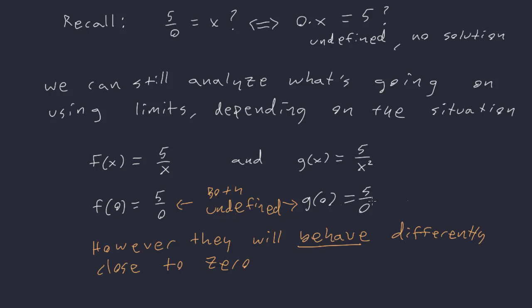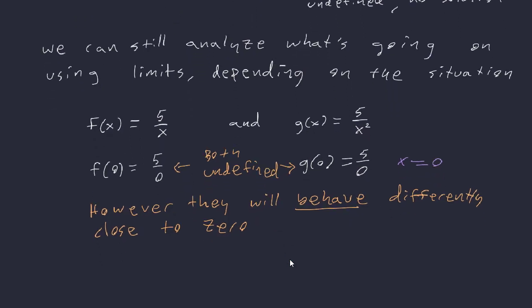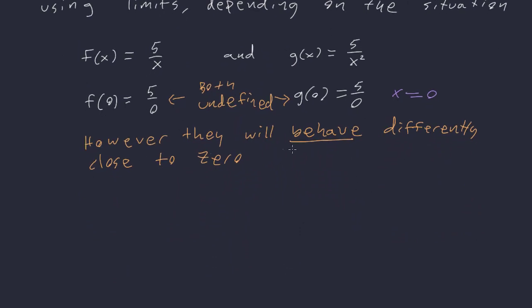Right? So when we have x equals 0, they're both undefined. We don't really get much useful information. However, remember the limits tell us how something behaves, right? That's what the limit is for.